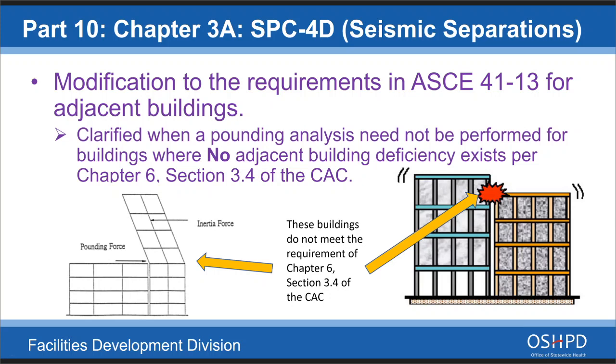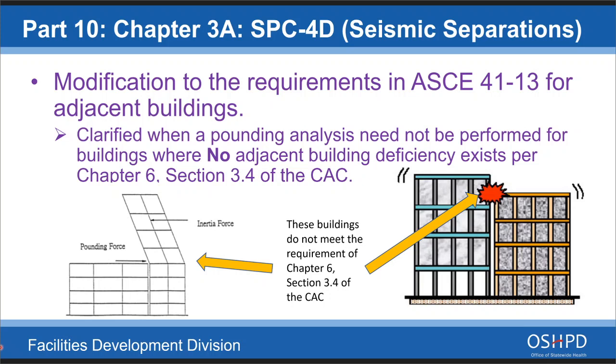And if you looked at the provisions in ASCE 41 for adjacent buildings, there's a building separation requirement, and that requirement and the exceptions from doing a pounding analysis check was different from what is there in the California Administrative Code.